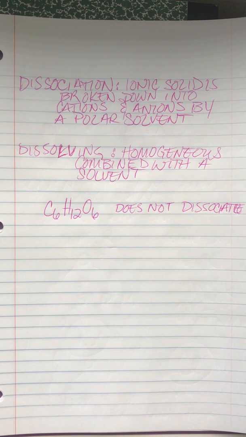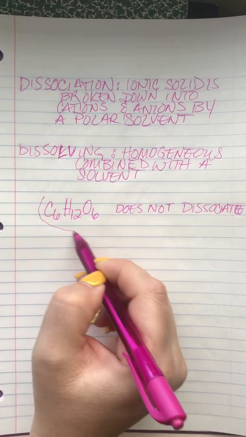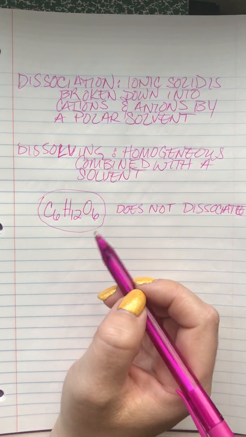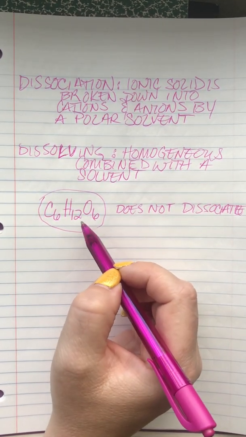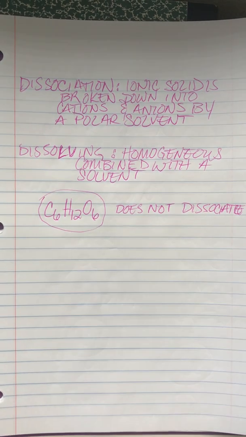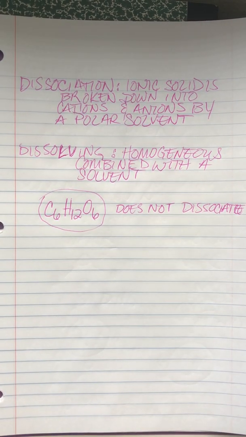What that means is the glucose molecules can be surrounded by water, so they can be broken apart from their crystal structure, the little crystals you get when you put sugar in your coffee, and broken down into individual molecules.